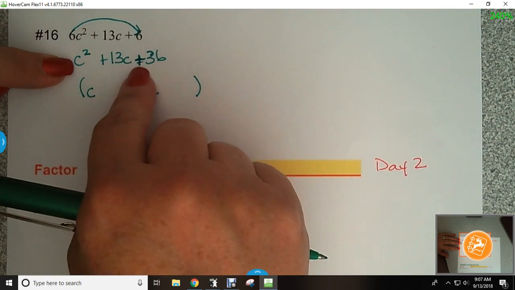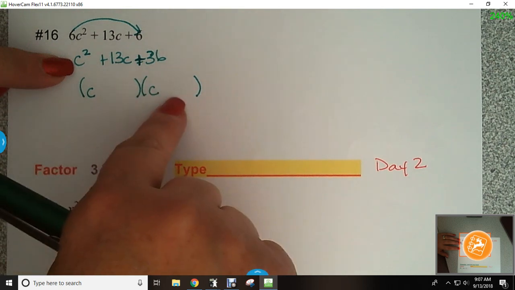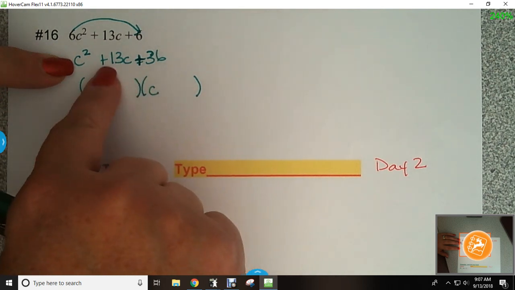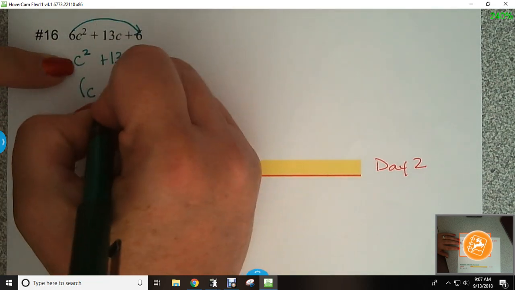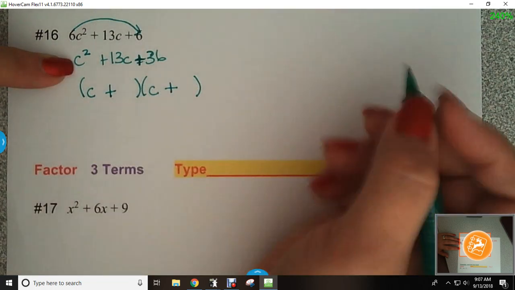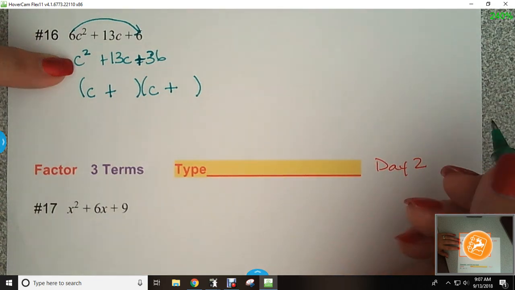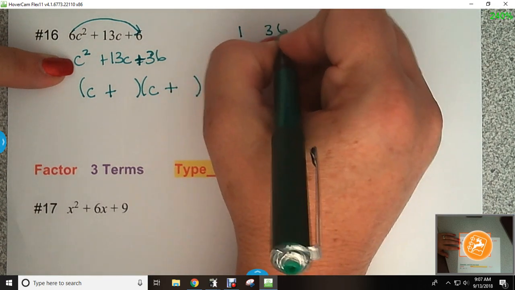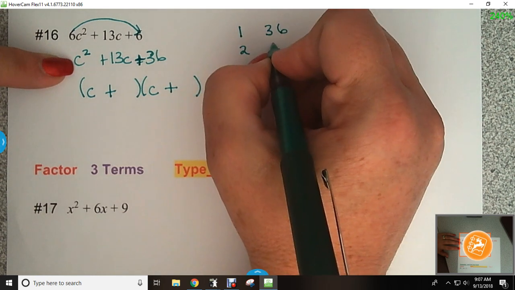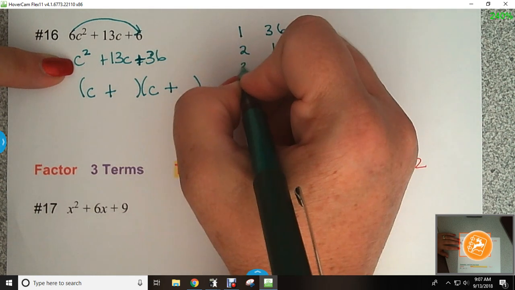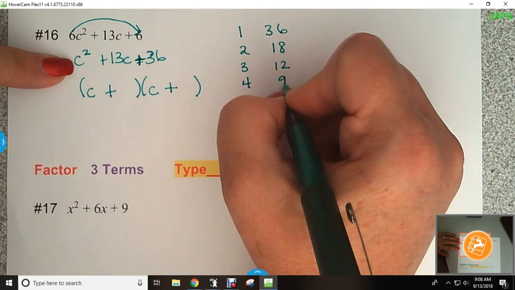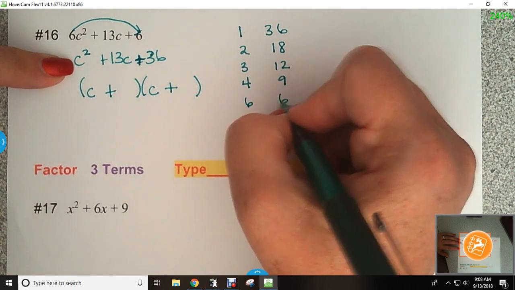Because this is positive, I know I'm going to put the same sign in both of these. But what sign is it? Well, this is positive. So I put a positive in both of them. So now my factors of 36, I can multiply 1 times 36. I can do 2 times 18, 3 times 12, 4 times 9, and 6 times 6.